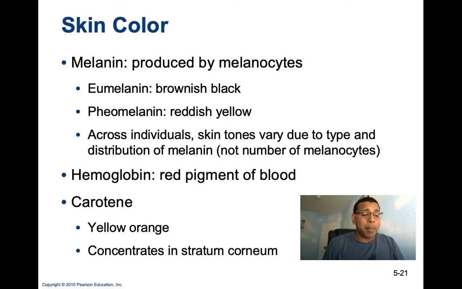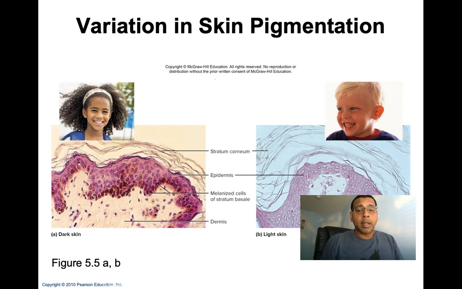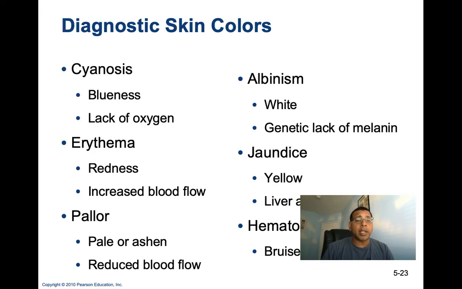Next, let's move to the appendages of the skin. When we talk appendages of the skin, we're going to talk about hair, follicles, nails, and all of that stuff. Before we jump down there, here are some diagnostic skin colors I want you to be familiar with. Cyanosis is a blueness, usually due to lack of oxygen.